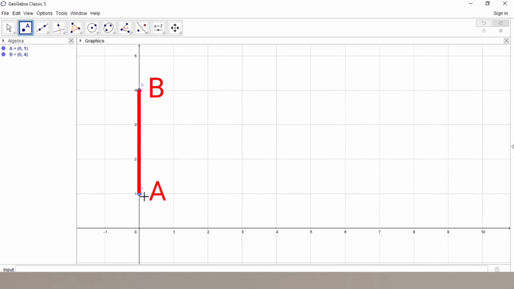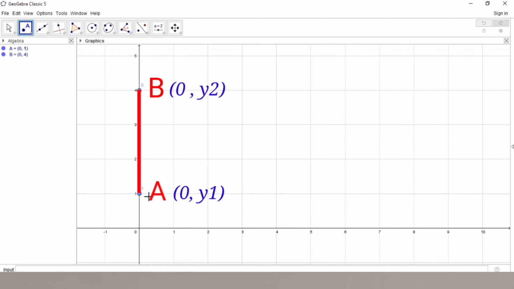So let the coordinates of point A be (0, y1) and the coordinates of point B be (0, y2). We have taken their x coordinates as 0 because every point on the y-axis has x coordinate 0.